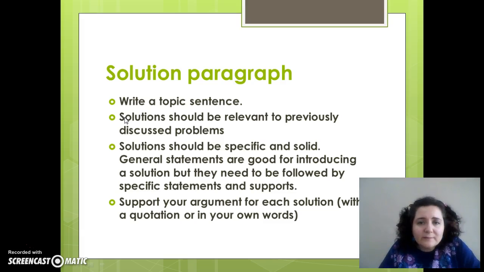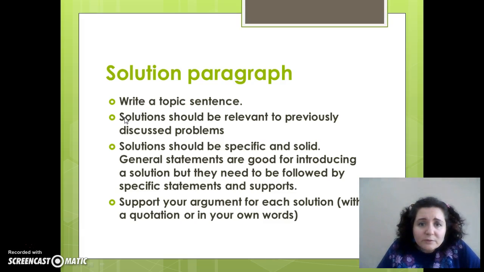Don't forget that you are writing a 4 or 5 paragraph essay, and each paragraph should somehow be relevant to the previous and the following paragraph. So, if you are writing a solution paragraph, you should be writing a solution about the problems that you have so far discussed in the previous paragraph or paragraphs.